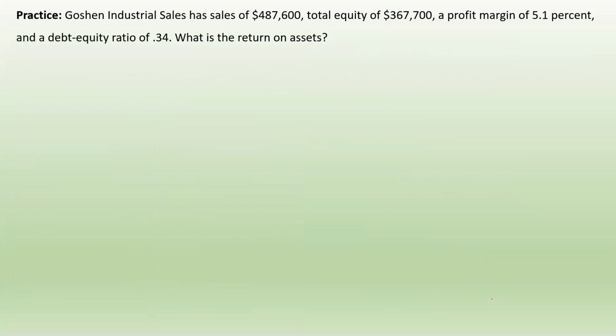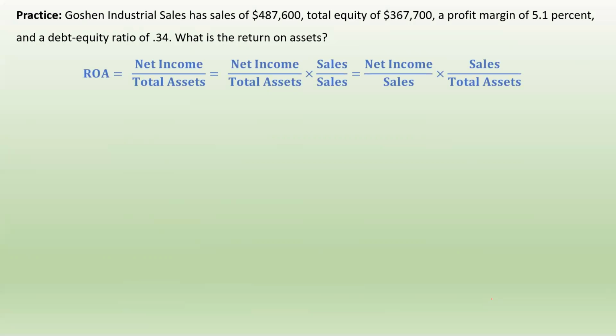We have some practice related to ratios. First, Goods and Industrial has sales of this amount, total equity, profit margin, and debt equity ratio. It asks what the return on assets is. Return on assets equals net income divided by total assets. This is the definition. We can multiply by sales divided by sales, which is multiplying by 1.